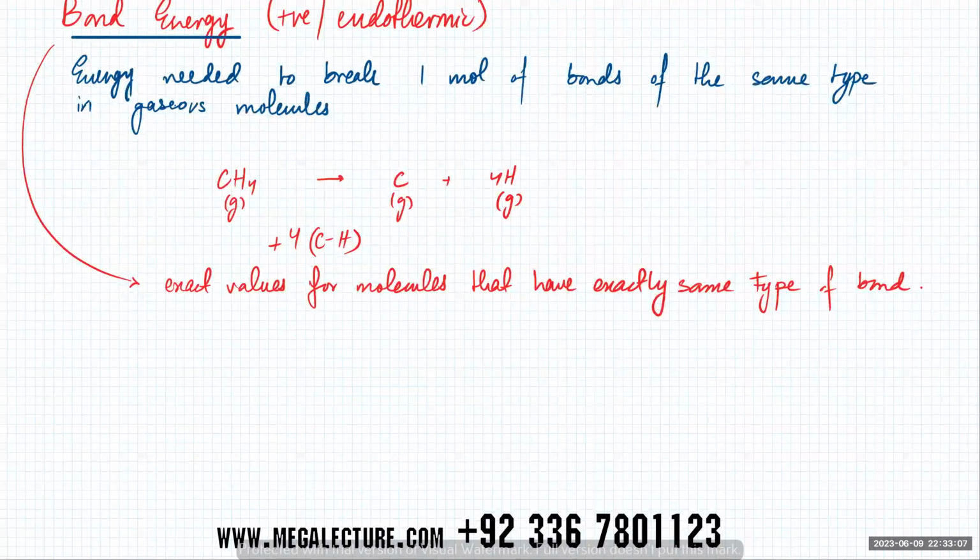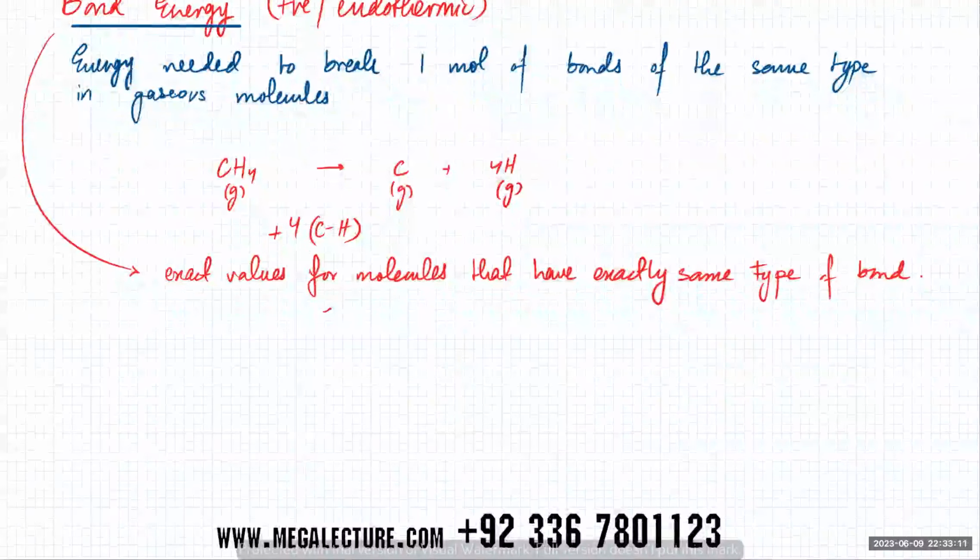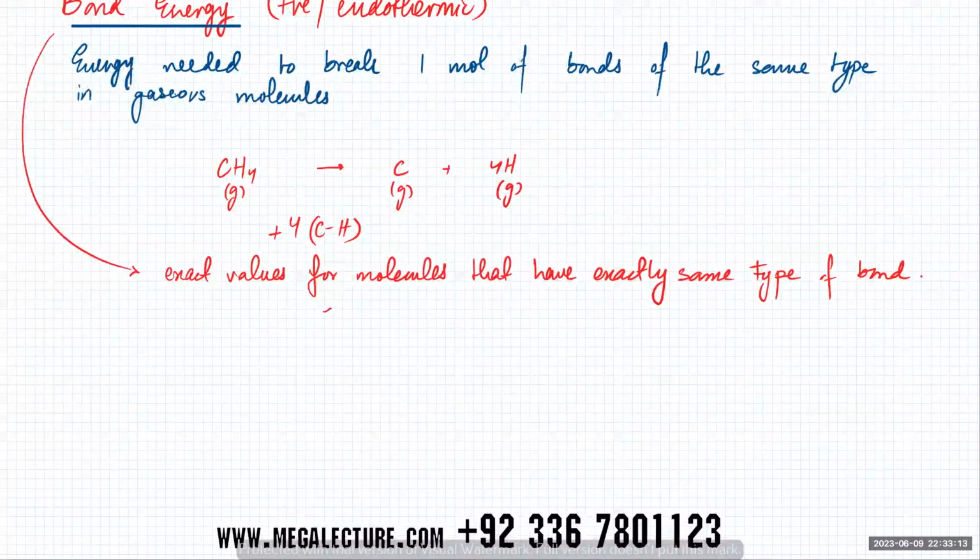What do you mean by exact values? For example, if you look at a Cl2 molecule, there's exactly just one type of bond. So every time you break that, you're going to get exactly the same value, right?